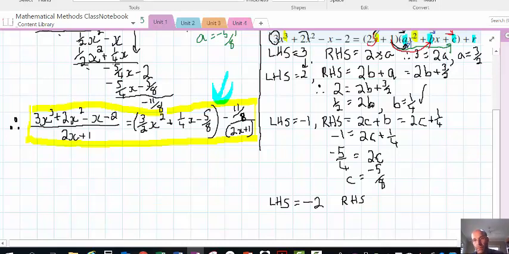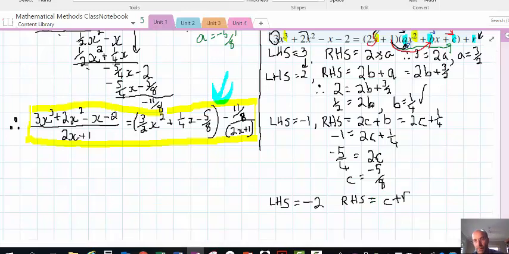So, we can go 1 times the c, and is there any other way of getting the constant? Yes, that would be called r. So we've got 1 times c, which is just c plus r. We know what c is.